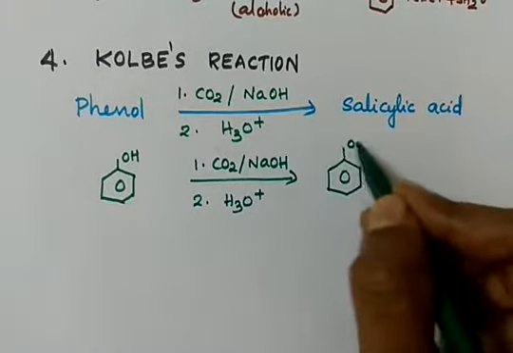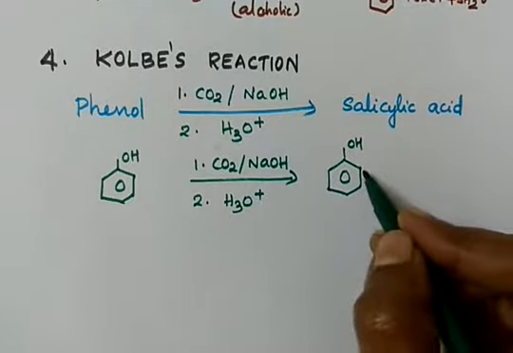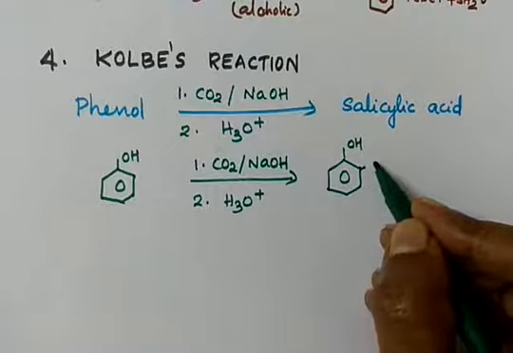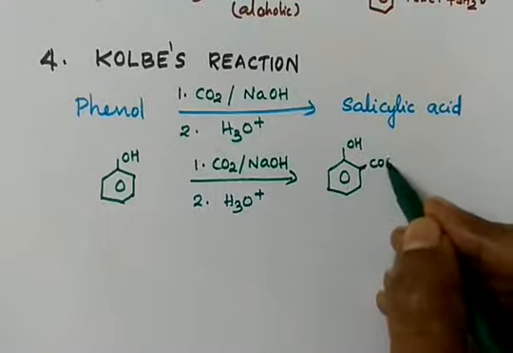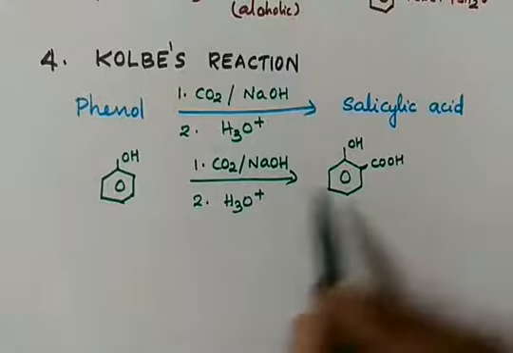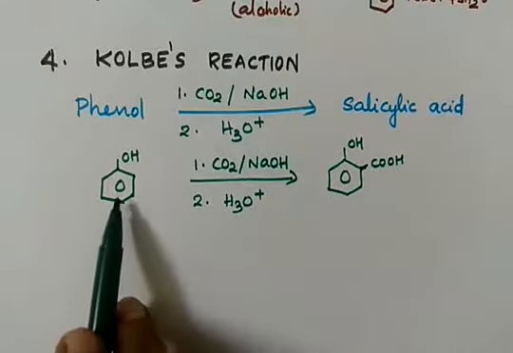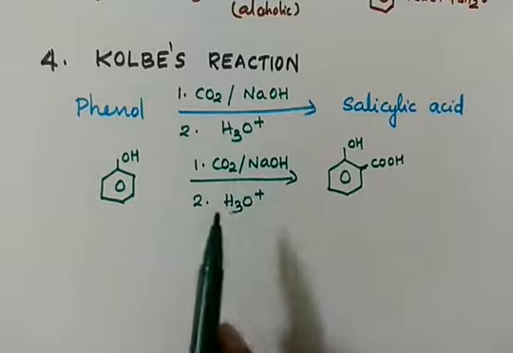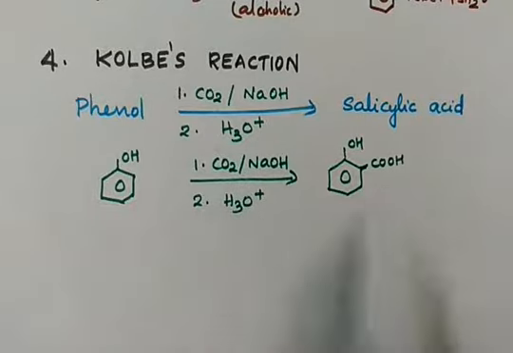And in the formula of salicylic acid, the carboxylic acid group, COOH, is attached to the ortho position. So when phenol is treated with carbon dioxide in the presence of aqueous alkali followed by hydrolysis, it produces salicylic acid. This reaction is called Kolbe's reaction.